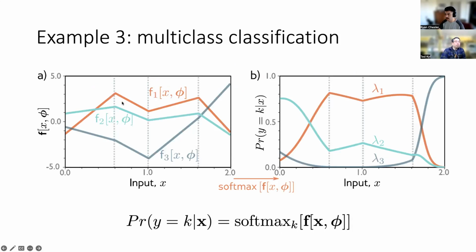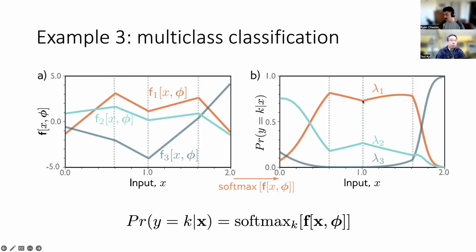This is what it would look like when you pass something through the softmax function. We have the probabilities of all of these different outcomes, and each of these lines is a different outcome. This is the raw output, so I shouldn't say probability, but the logit of F3, F2, F1, and then you pass it through the softmax.